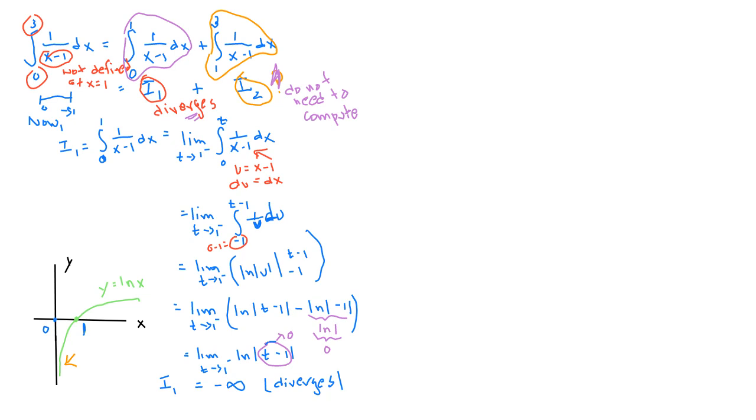So that tells us, therefore, that our integral from 0 to 3 of 1 over x minus 1 dx diverges. Okay, so I wanted to do one where an integral diverged, so you could have a little variety.